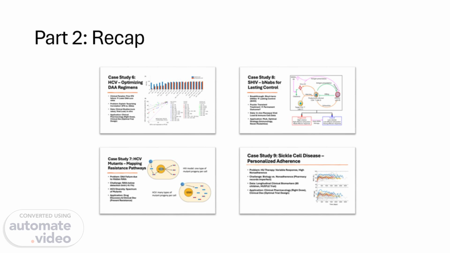We examined SHIV, studying bNAbs for lasting control, and uncovering the mechanism of a dynamical switch. And finally, we addressed sickle cell disease, personalizing adherence to HU therapy to improve patient outcomes. These examples highlight how our model-informed approach provides actionable insights throughout clinical development.